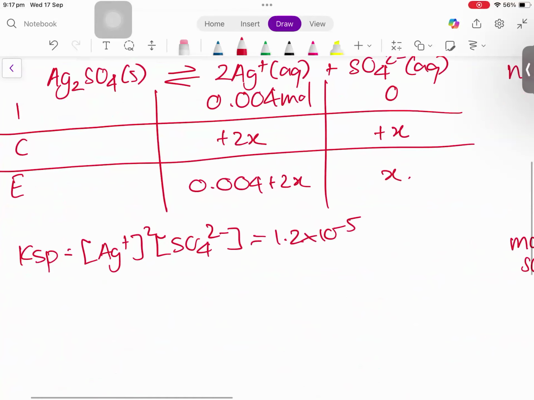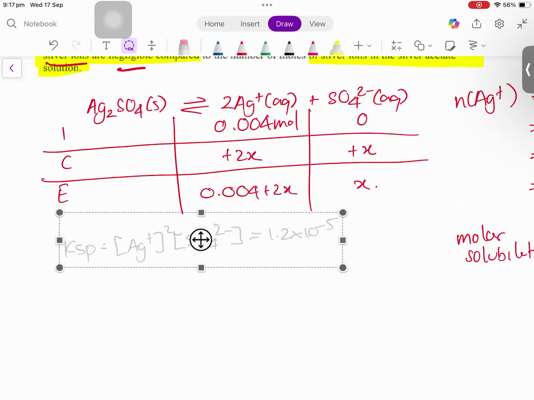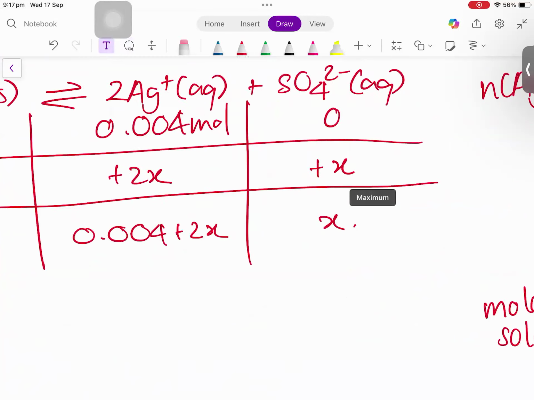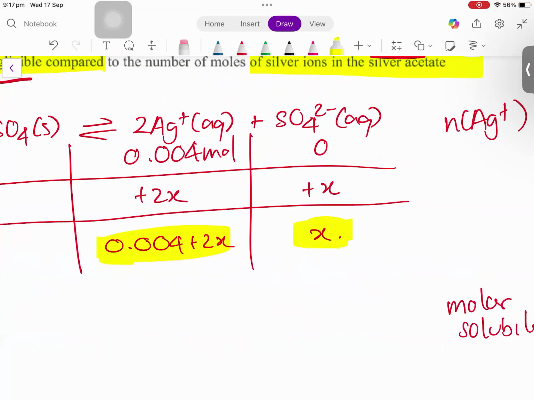Okay? So you get to this point here. This is your equilibrium amounts of both. This is your silver, this is your SO4 2 minus, all right? Normally, we've done questions before. Whenever you have x with another number, you tend to assume that x is way smaller than the other number.